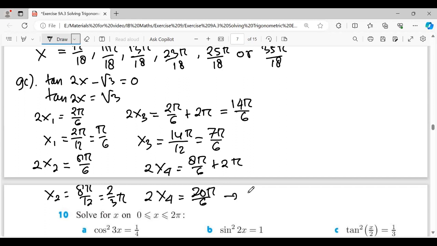So it means x4 is 20 pi over 12, divided by 4, it is 5/3 pi.